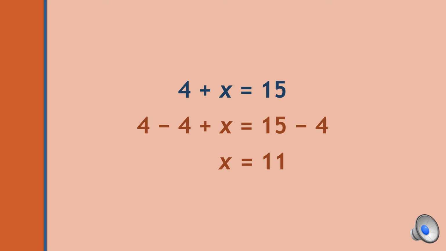So the value of x, or the solution, is 11. Now we can go back and plug 11 in for x in that top equation. So 4 plus 11, because that's the value of x, equals 15. We're going to take a few minutes and practice some of those types of equations.